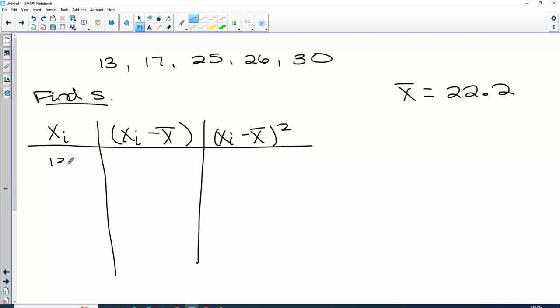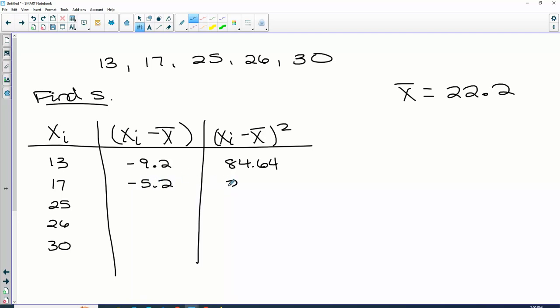So I'm just going to make a row for each of these x's. So I'm going to go through. So 13 minus 22.2 is negative 9.2. And then you square it. It's 84.64. So we do this for each. So 17 minus 22.2. That's negative 5.2.